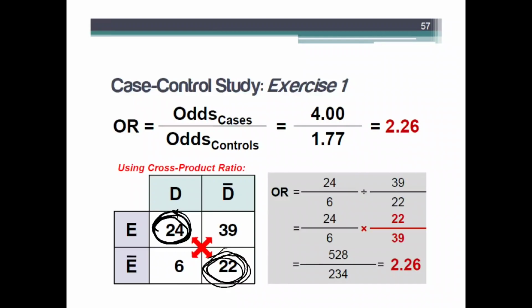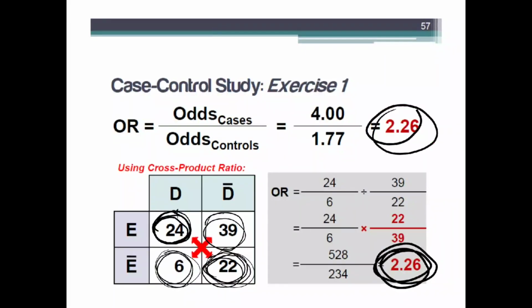Multiply mo lang yan, 24 multiplied by 22, 528, tapos 6 times 39, okay, 234. Makukuha mo rin is a same answer. So, this is another technique that you can use kung magmamadali kayo. Shortcut method yan. As long as tama yung placing ng exposure and ng disease.